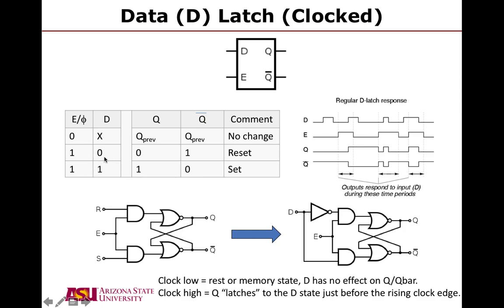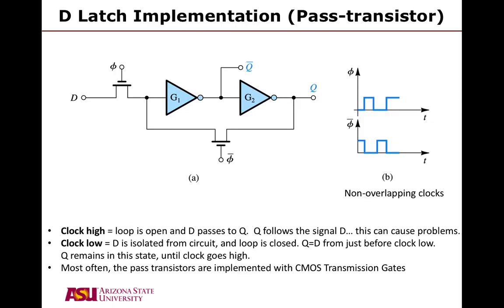If the data input is 0, then we go to a reset state. Q is 0, Q bar is 1. And when the data is 1, we go to what we call the set state, where Q is 1 and Q bar is 0. The timing diagrams are shown to the top right. You will do a few of these types of logics in your homework 3.